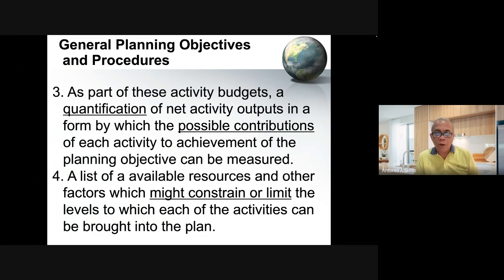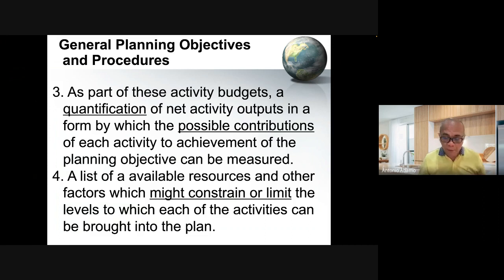A list of possible available resources and other factors which might constrain or limit the levels to which each of the activities can be brought into the plan. List of resources and other factors with corresponding coefficient per activity.